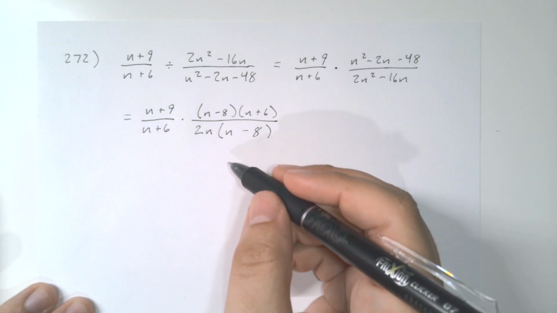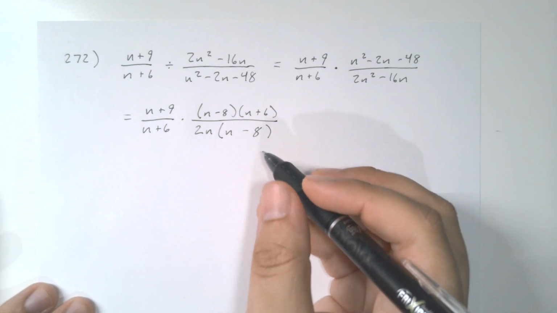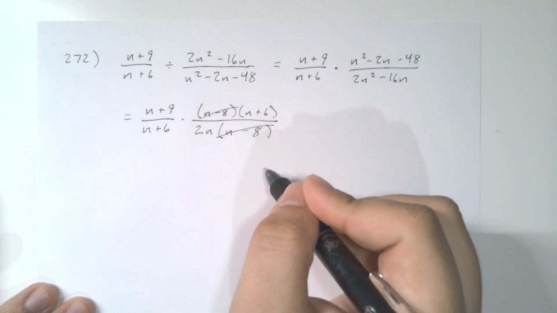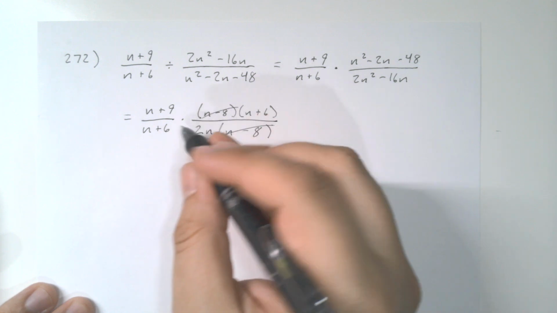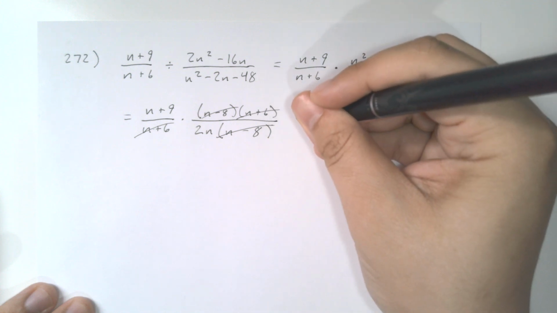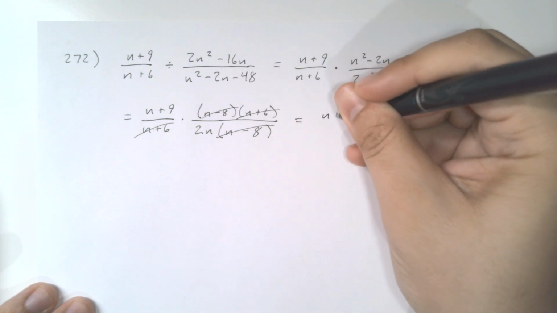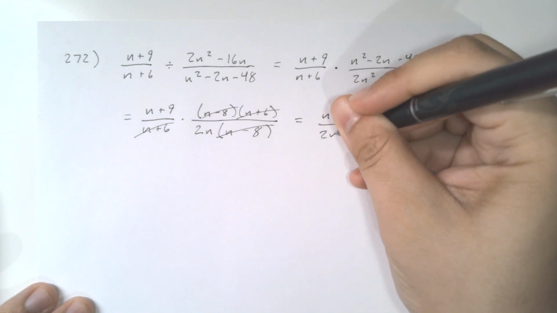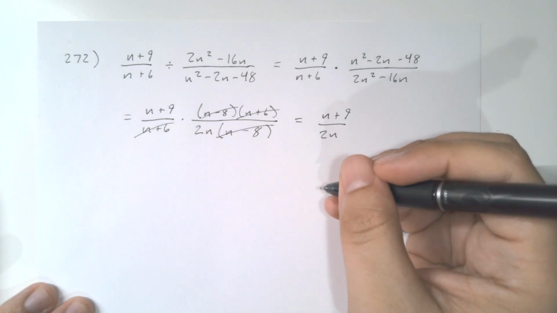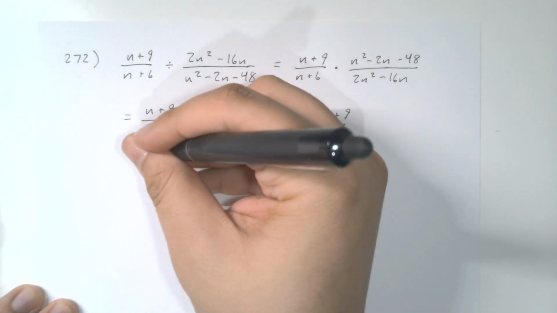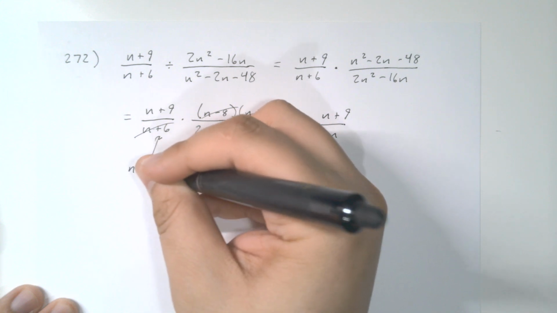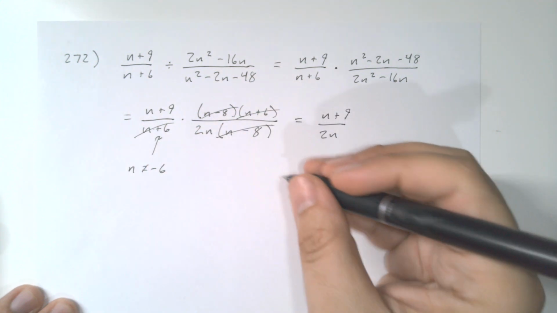So everything is factored. We just want to cancel our common factors now. Well, immediately I see the n minus 8s cancel, and the n plus 6s cancel. So that means the only things that we have left over are n plus 9 divided by 2n. And now we just need to figure out what our excluded values are. So from over here, we have n can't be equal to negative 6.